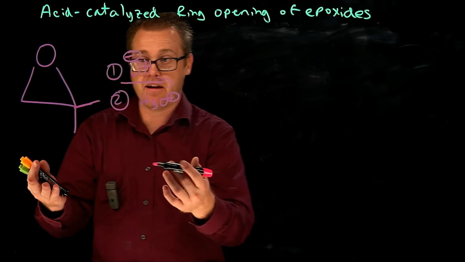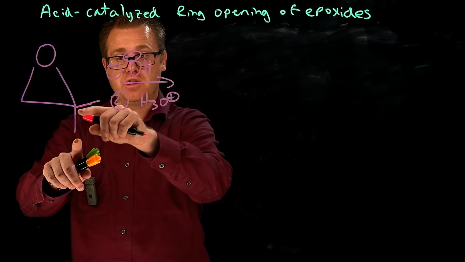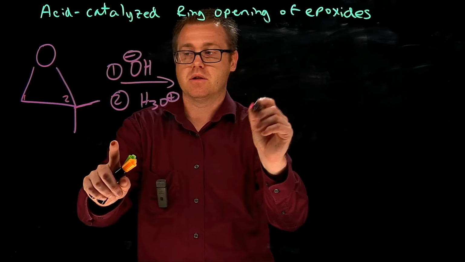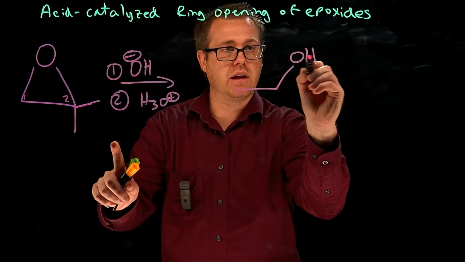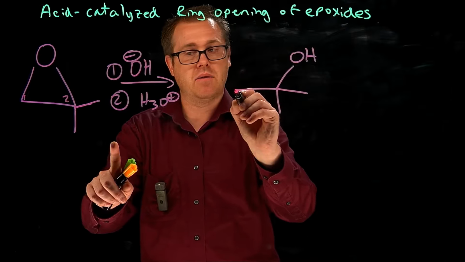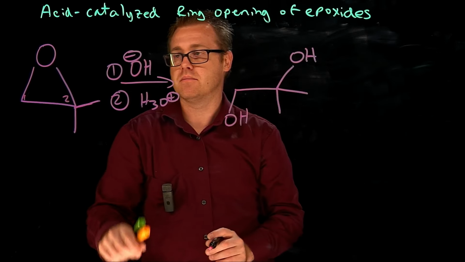We have steric effects. These two methyl groups don't allow the hydroxide to come and attack that carbon. So it's going to attack at carbon 1. So our product is going to look like this. There's our methyl, and then we would have OH like that. All right.